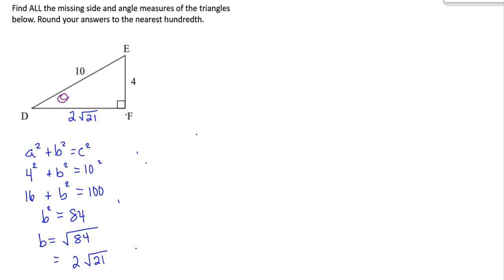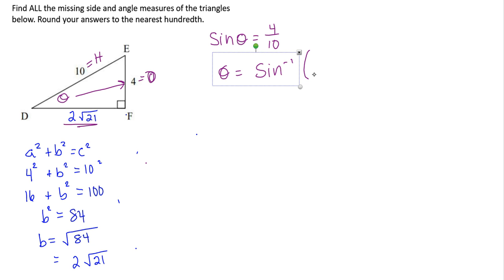Okay, this last problem deals with finding everything in the triangle. I found this third side right here, trying to save some time before we started. So what I want to do is find this angle theta, right? So in the problem, I was given the opposite and the hypotenuse. I have the adjacent, but I don't want to use something that I had to compute myself. So I'm going to use the sine of theta is 4 over 10, which means theta equals inverse sine of 4 over 10.